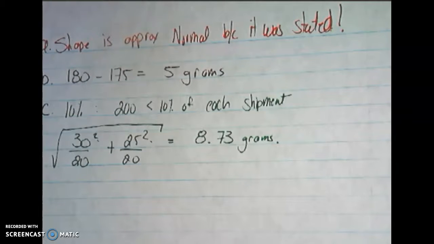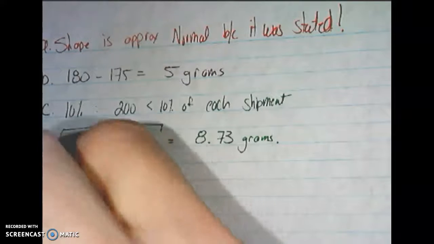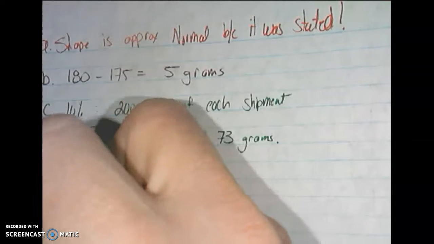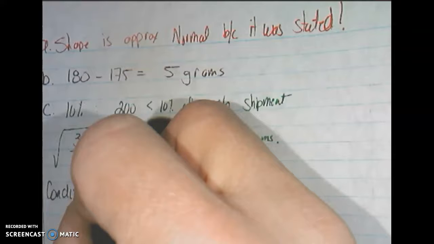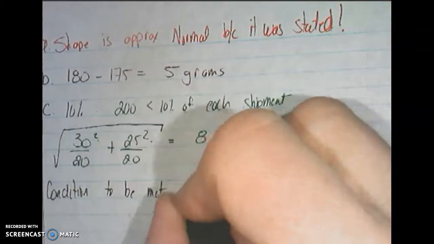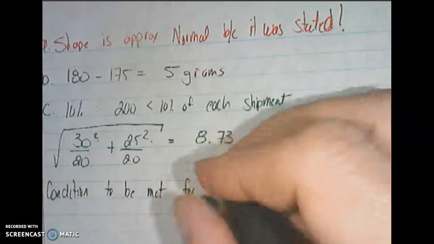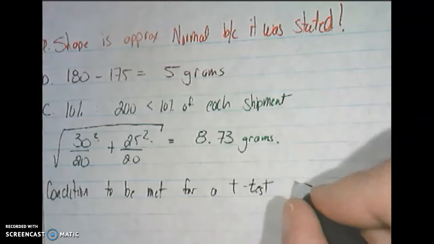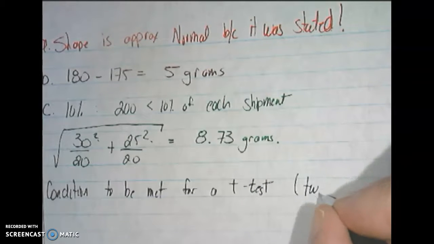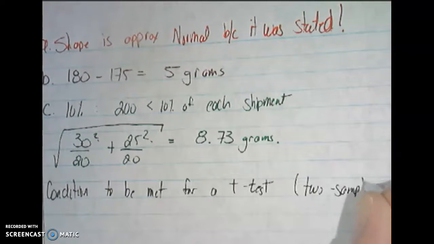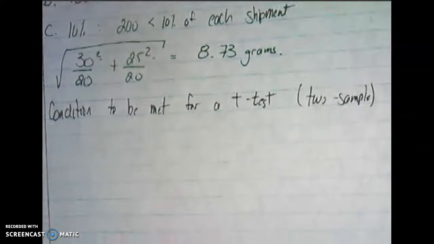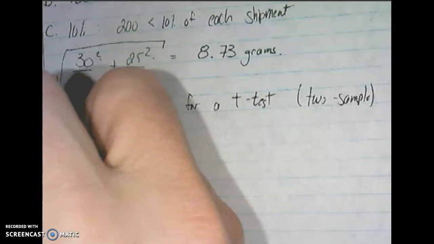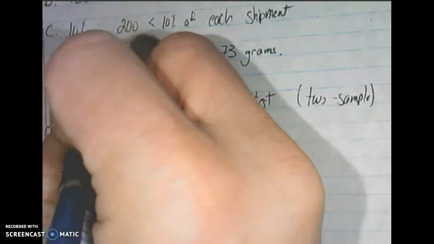Okay, all right, so then we're going to talk about our conditions to be met for a t test. I guess that should be a 2 sample. Okay, conditions met for a 2 sample t test. So it's basically the same thing we've been doing for, it feels like forever, honestly. We got to check independence.